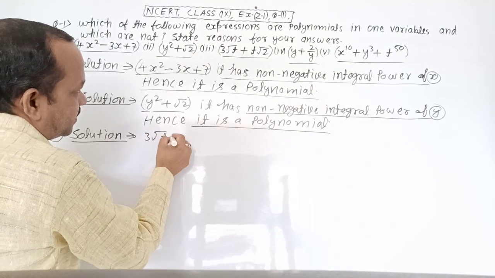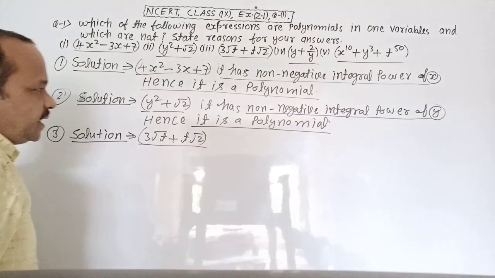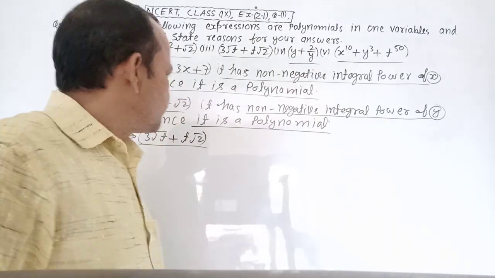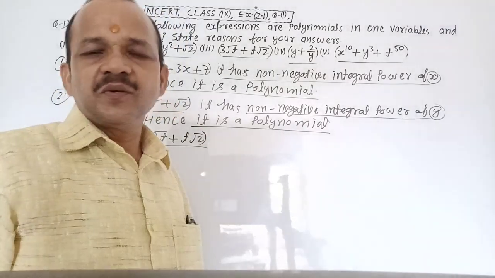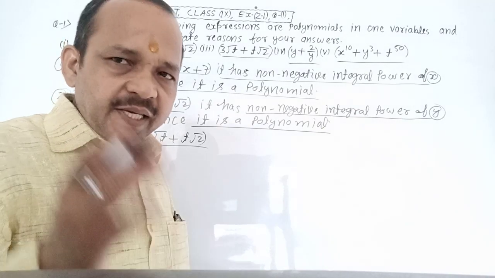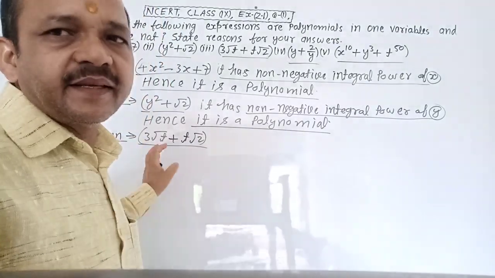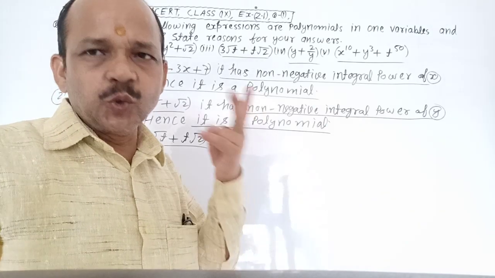3 root t plus t root 2. It is your expression. Here plus is your operation. Separated part by plus is first part, second part. It means it has two terms.